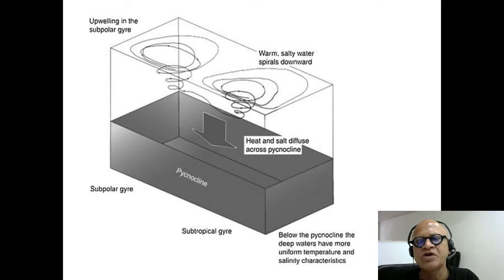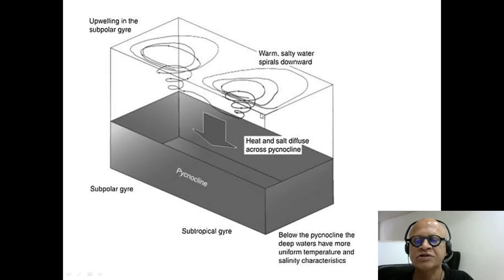This is just another way of looking at how the subtropical gyres are pushing the water down, which is spiraling down as shown here into the pycnocline, parallel to the thermocline.